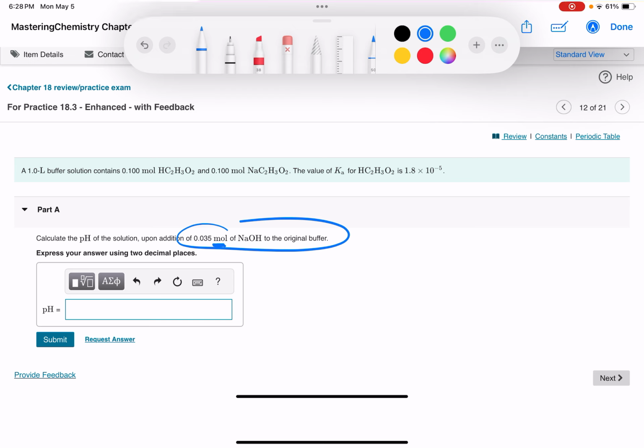So you don't have to dilute it at all. All you have to do is find out the concentration of the NaOH. So you're going to find out the molarity by just doing moles per liter. Moles per 1 liter, right? So 0.035 molar.